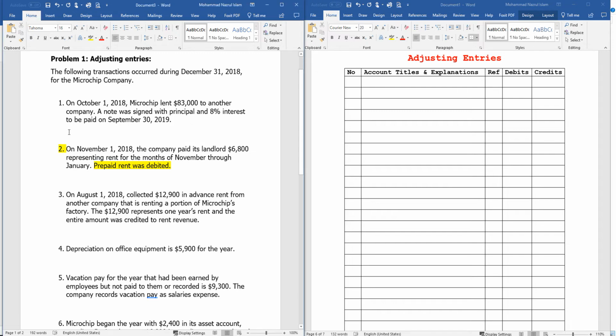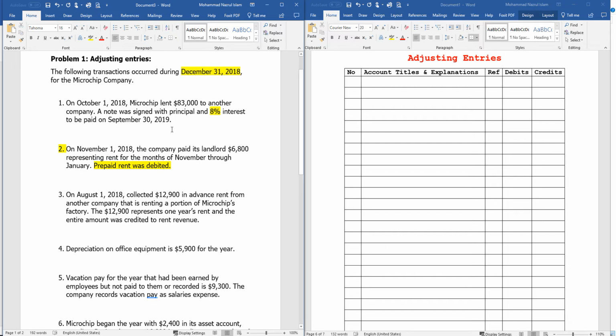So we need to be careful about three things. Number one is this 8% interest is annual interest, okay? And we are preparing our adjusting entries on December 31st, 2018, okay?